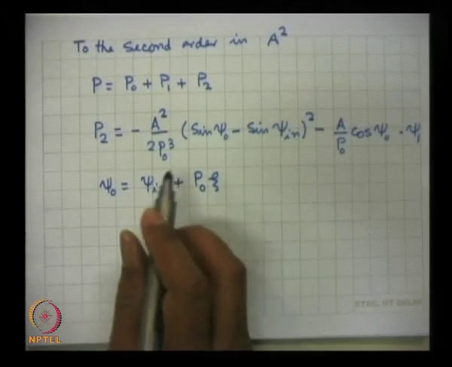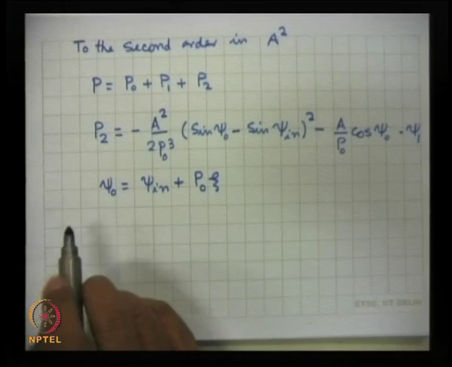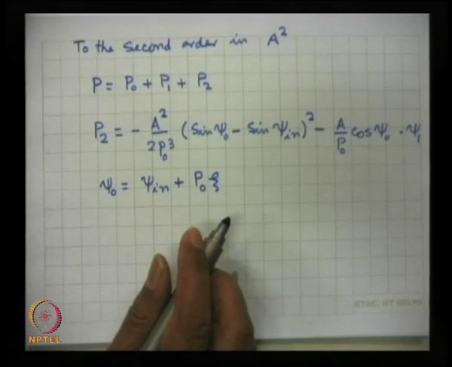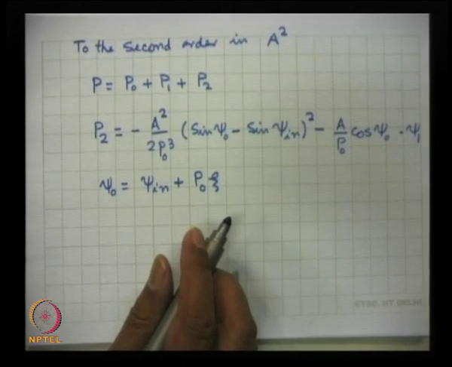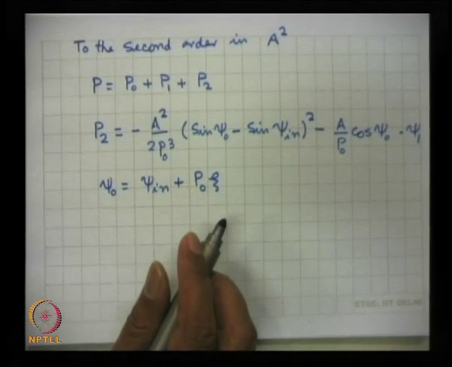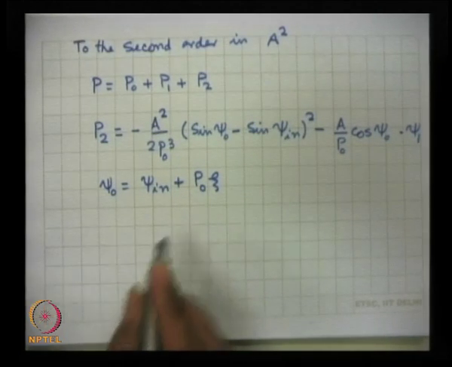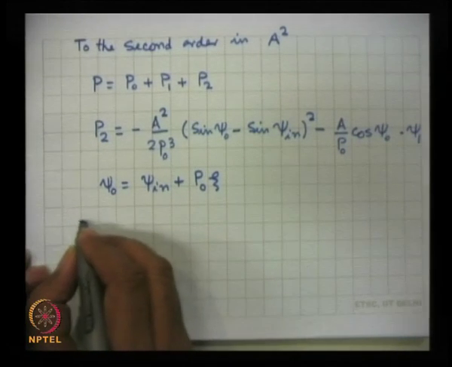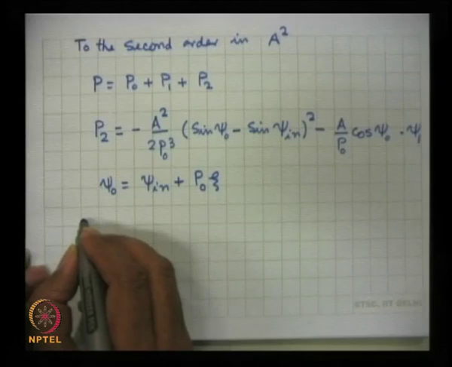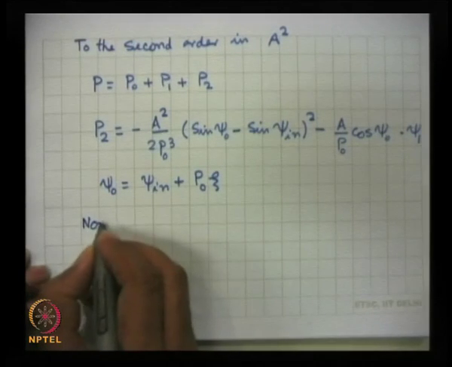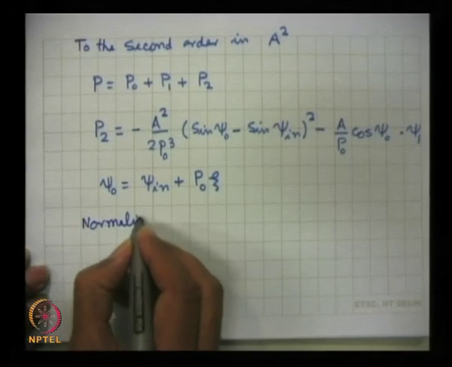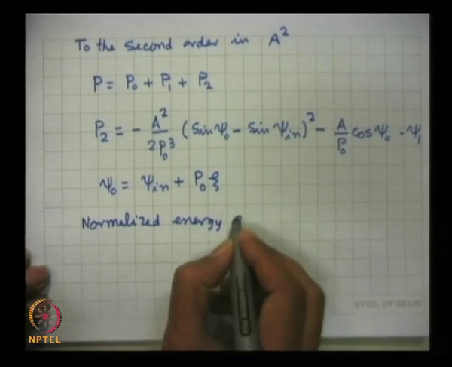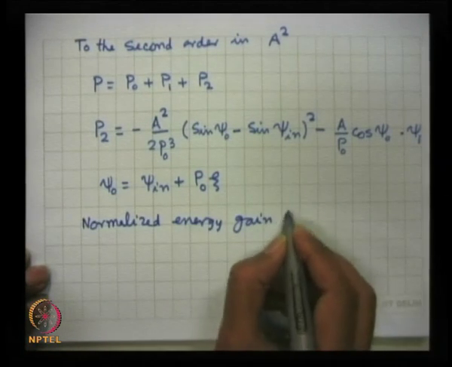Now, the issue is I want to find out what is the energy gain of the electron or energy loss of the electron, net energy loss by the electron. Or rather I would like to find out normalized energy gain by radiation.